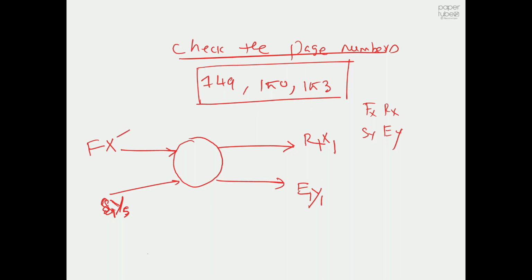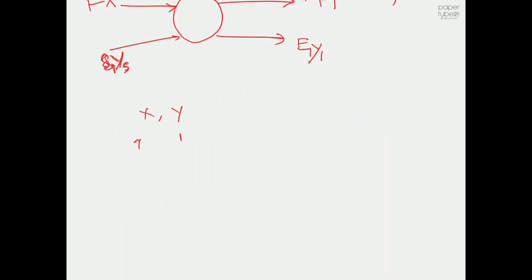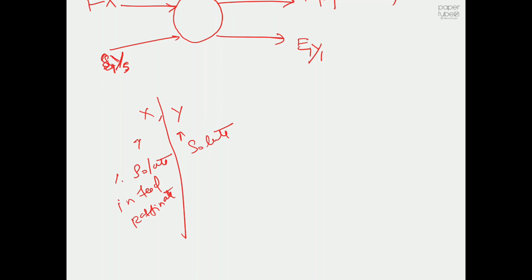Both X and Y refer to the solute, percentage solute or mass fraction of solute, where X refers to solute in your feed and raffinate. We use the notation Y to refer to the mass fraction of solute in your solvent and also in extract.